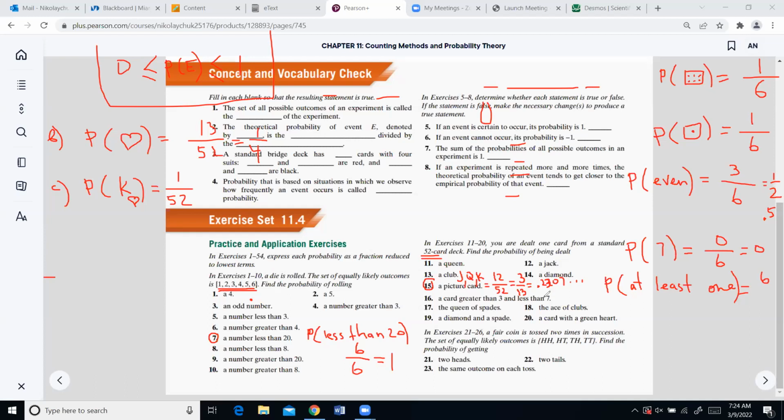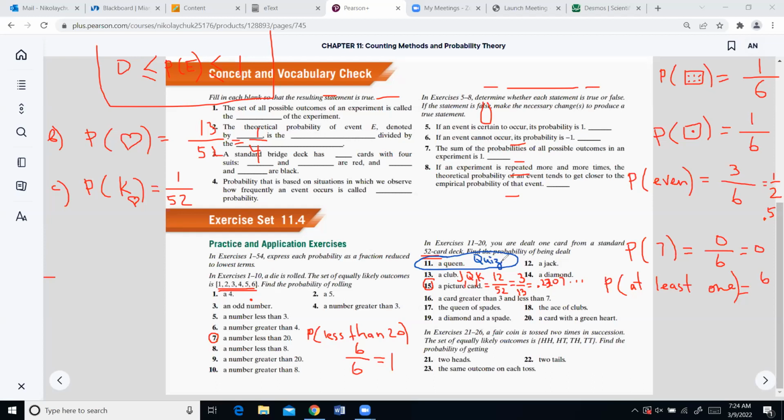So how about a little quiz for today, exercise number 11 with these cards. In exercise number 11, they ask, what is the probability to get a queen? How many queens are there in a deck of playing cards?